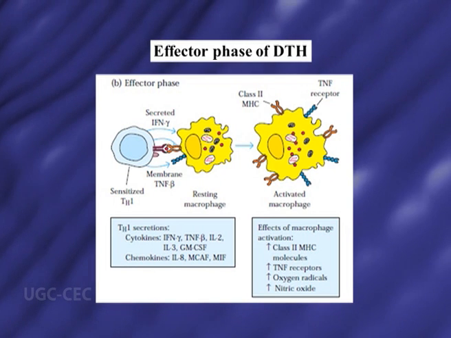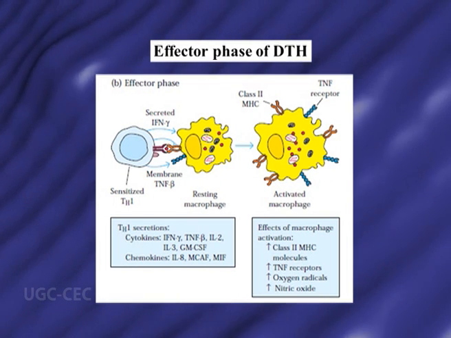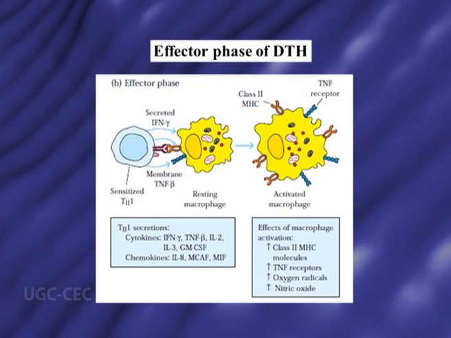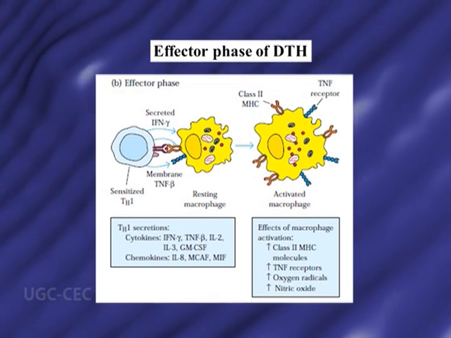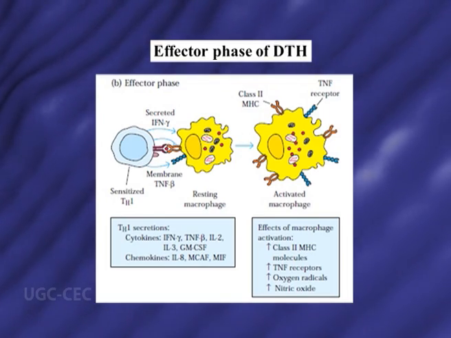Those cytokines will activate the resting macrophage. The macrophage will be activated and it will secrete a number of cytokines. And all these cytokines together will try to eliminate the intracellular organism, but in doing so they will call more cells to that site of infection.